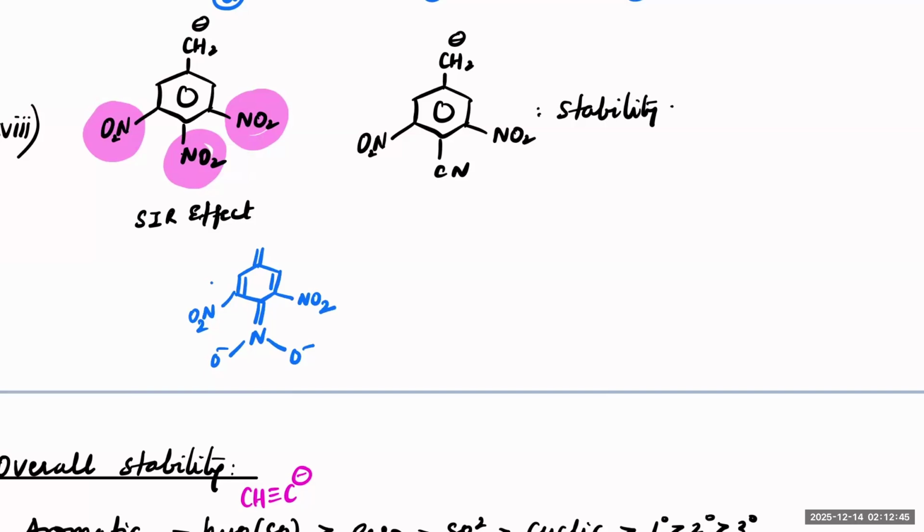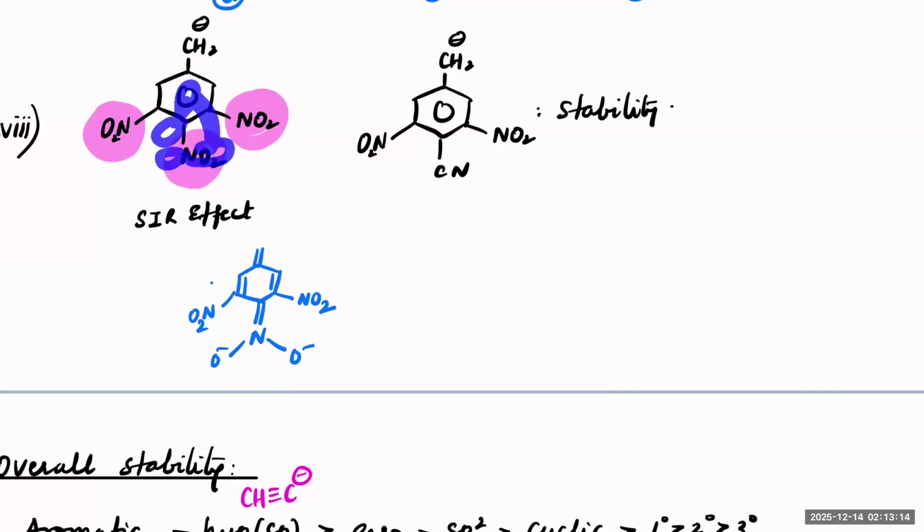Now, because they are very close to each other, to avoid that repulsion, this NO2 will completely come out of the plane. Okay, which means the benzene ring is like this, and the NO2, which is supposed to be planar, now that planarity is lost, and that middle NO2 will turn around like this. Instead of staying this way, it will turn around like this. Because of that, the orbital of this NO2 is perpendicular to that of this orbital.